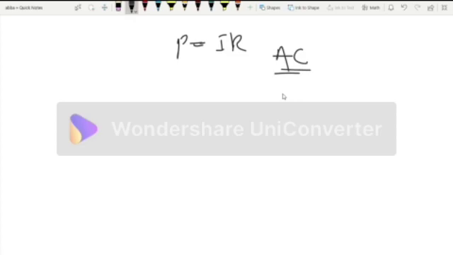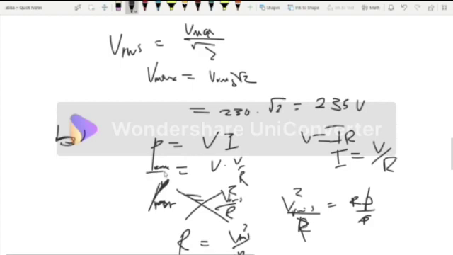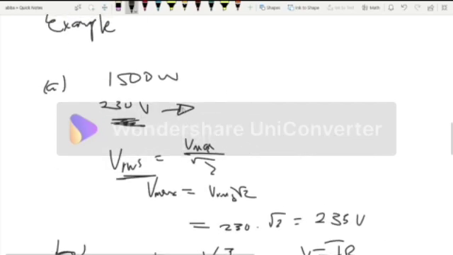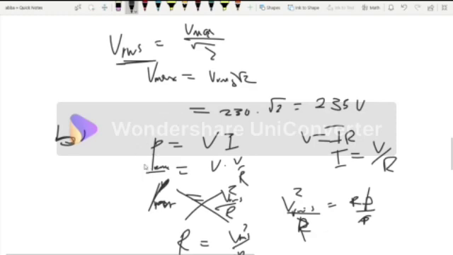So this minimizes power losses. The reason why we have this RMS here is to reduce current efficiently without losing the power, right?